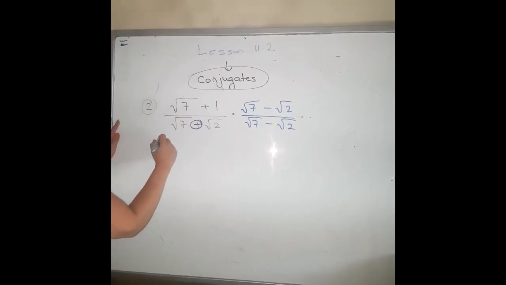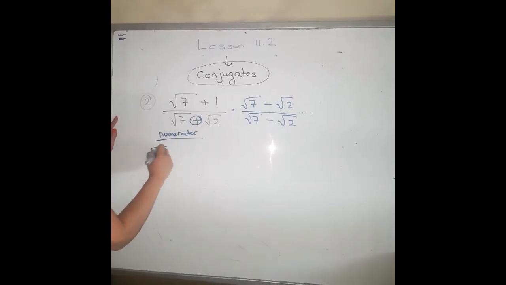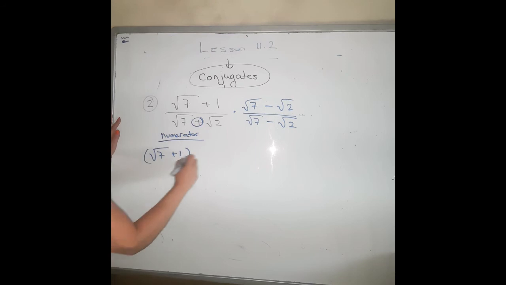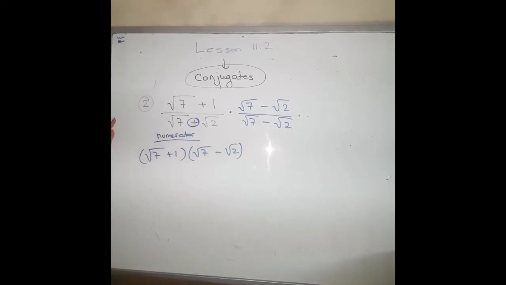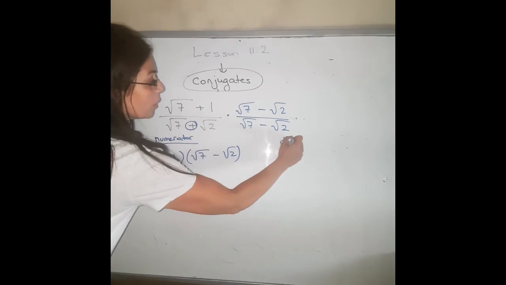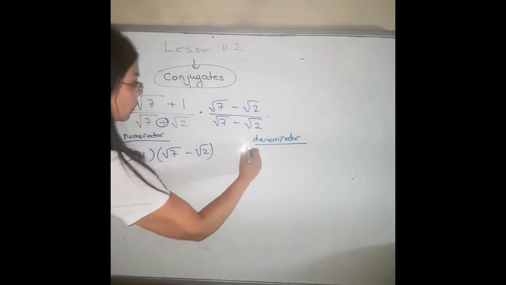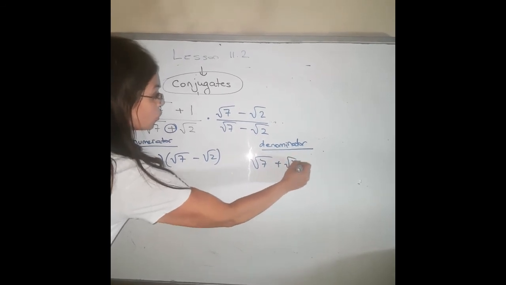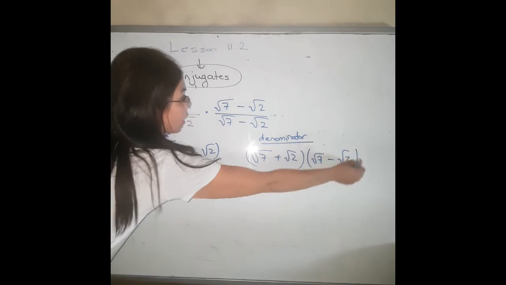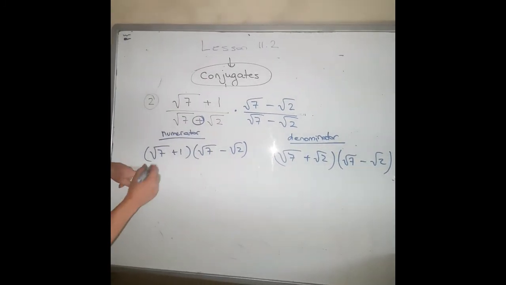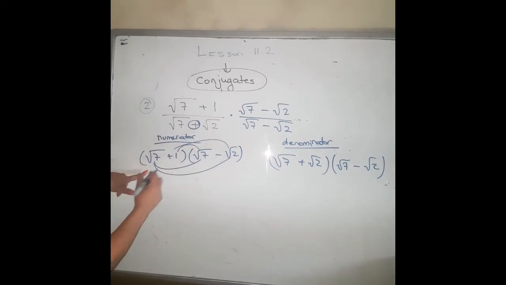And now what do I have? I'm going to work the numerator on the side. I have radical 7 plus 1 on one side, and radical 7 minus radical 2. In the denominator, I have radical 7 plus radical 2 and radical 7 minus radical 2. I'm going to start with my numerator and start expanding. Open up your parentheses, distribute.